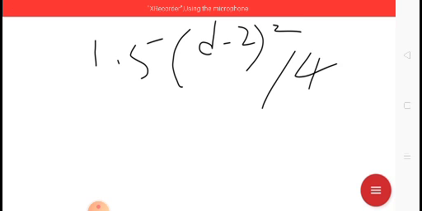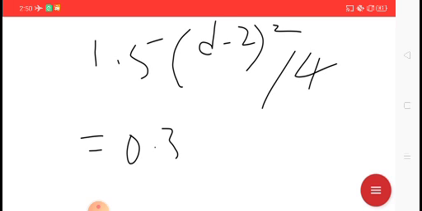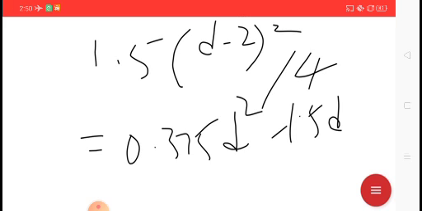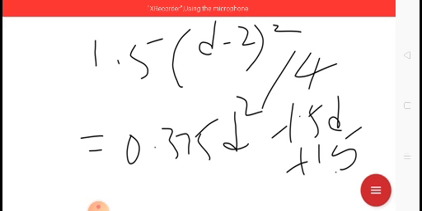You should be able to get the expression 0.375 d squared minus 1.5 d plus 1.5. As simple as that, B is 0.375, C is negative 1.5, and E is 1.5.